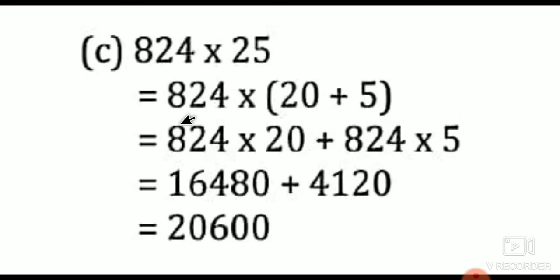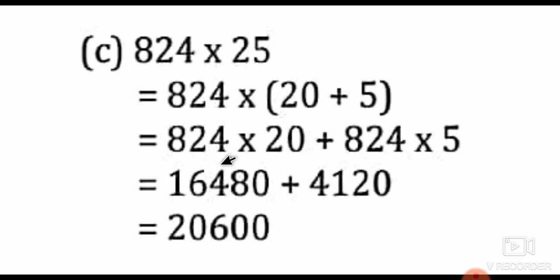Therefore multiply 824 into 20 plus 824 into 5. First you have to multiply 824 into 20. 0 is there, so write it as it is.